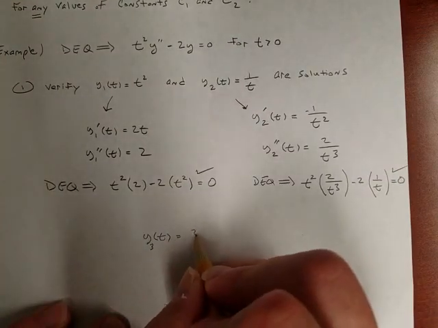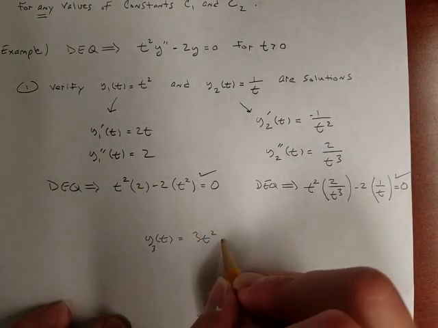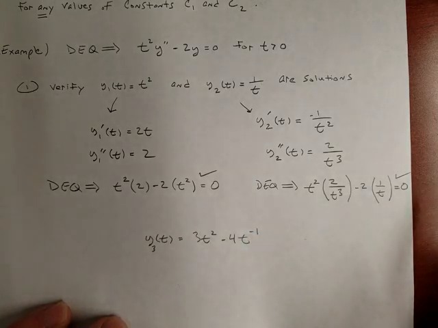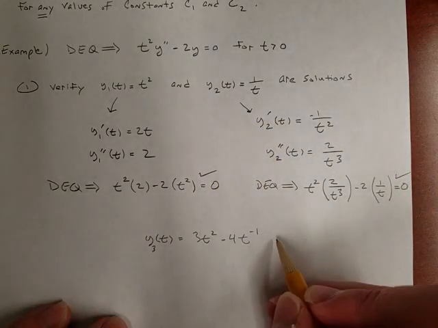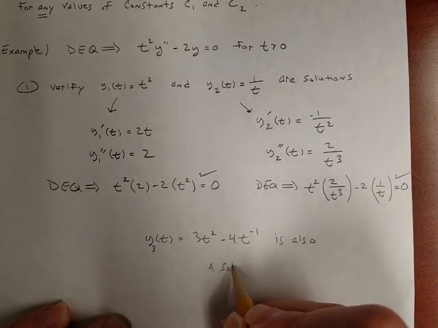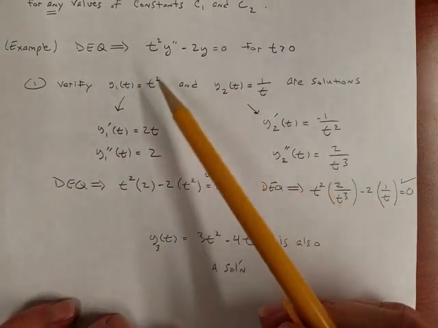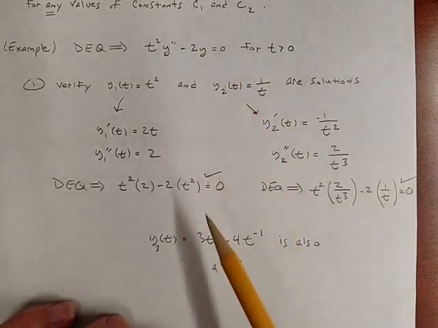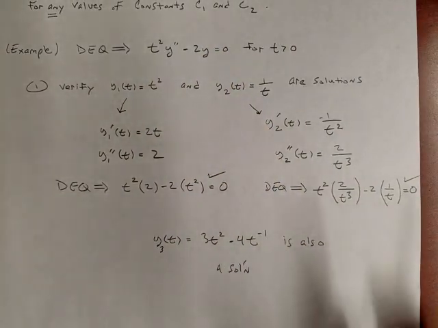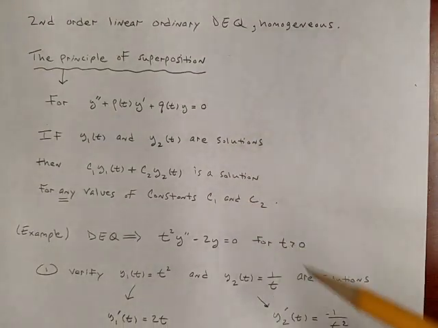Say you had 3t squared, I take some constant times that one, minus 4 times t to the minus 1, some other constant times this one. That's also a solution. You can check it, just like we checked these. Try it out. Take the second derivative, take the function as it is, and put it in there, and I guarantee that it'll work. Alright, how do I know? Well, the principle of superposition says that will happen.